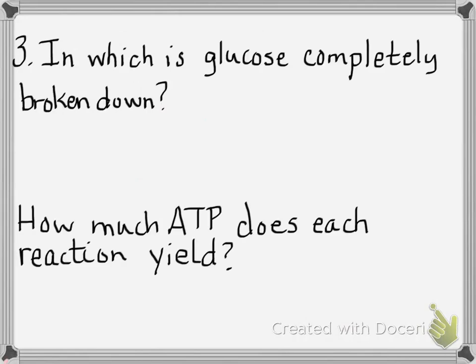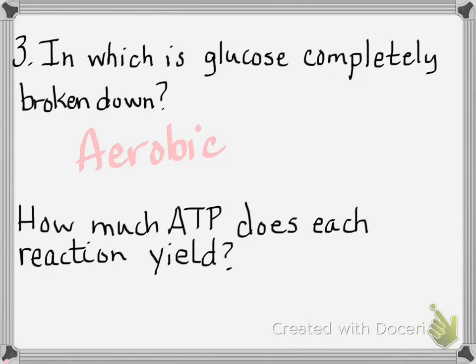Okay, question 3. In which of those 3 reactions is the glucose completely broken down? If you completely break down glucose, you harvest the most energy out of it. So which one would that be? Very good. We know it's completely broken down because we've harvested the most energy out of it.